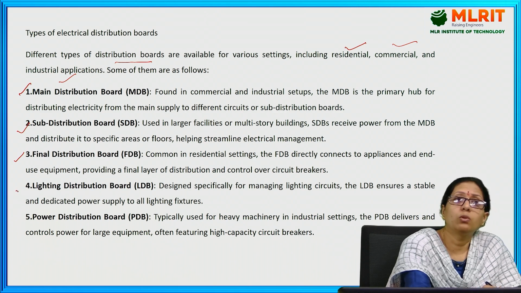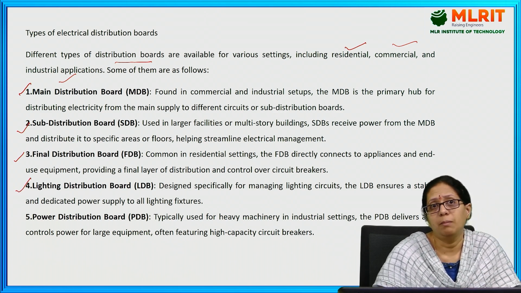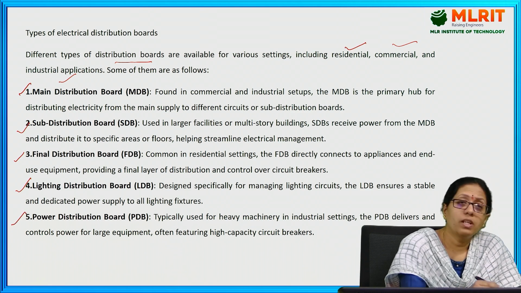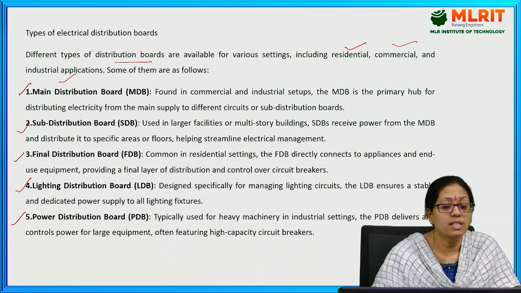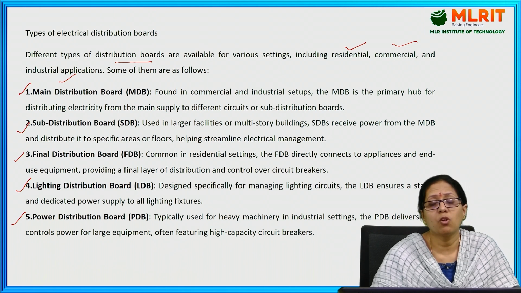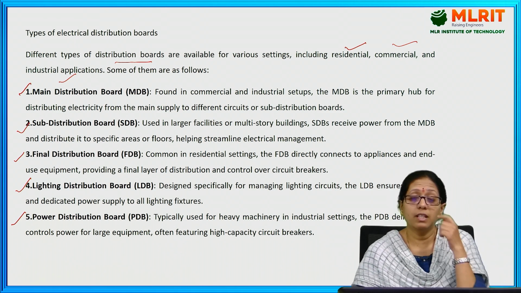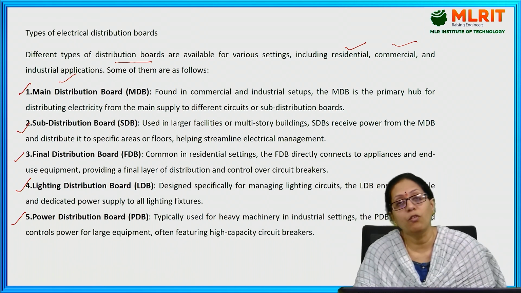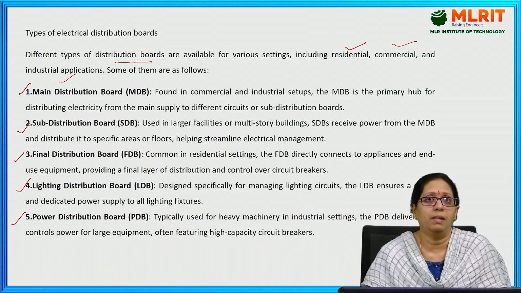The fourth one is the lighting distribution board, that is LDB. The last one is the power distribution board, that is PDB. So, here you can see five different types of distribution boards which are used for different types of loads like residential, commercial, and industrial applications.